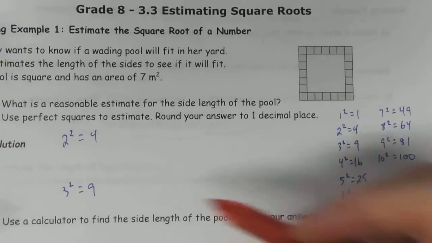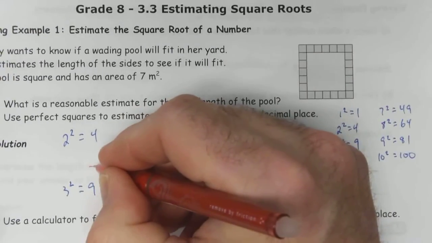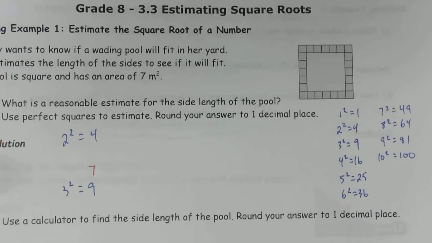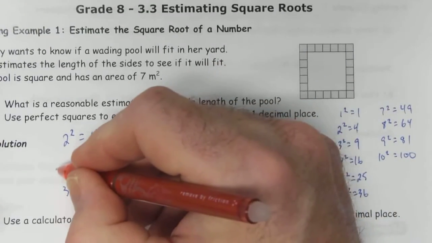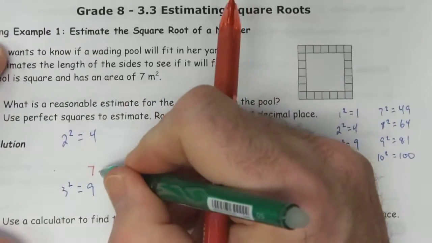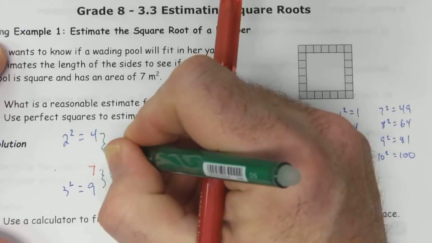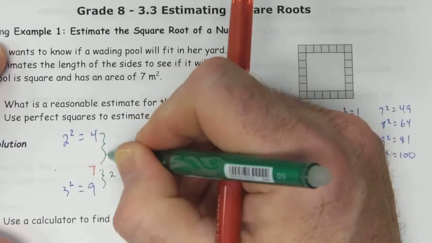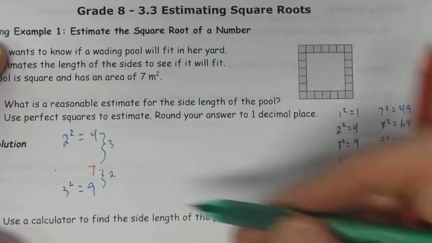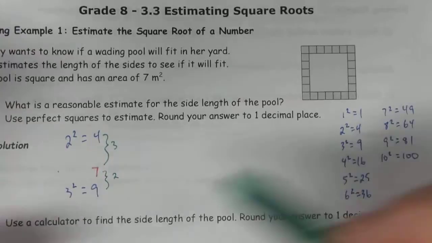Now 7 is somewhere between 4 and 9, and it's closer to 9 than it is to 4. So we can say that, let's see here, we know that the difference between 7 and 9 is 2, and the difference between 4 and 7 is 3. So it's slightly closer to 9 than it is to 4.